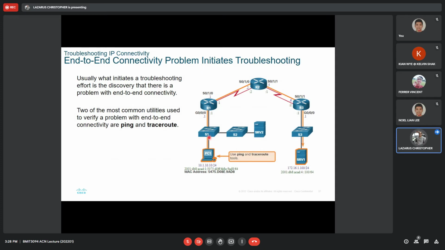So if traceroute is stuck at any of the hops, then you know the problem is at which particular hop or router. So that is two of the tools that you can use.